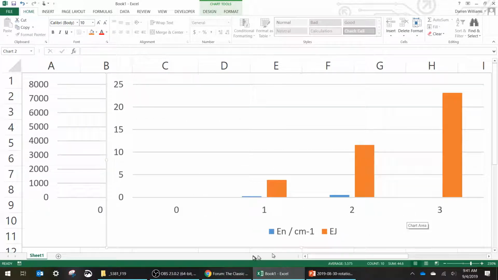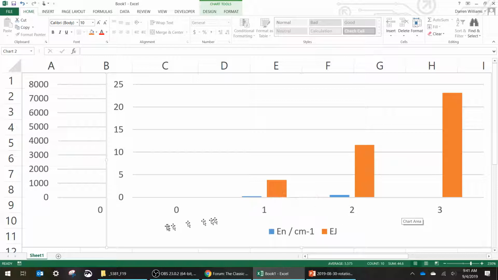Okay, now we have translation and rotation on the same graph. And we can see that they're similar. I mean, we can see them on the same graph, but again, pretty different. So there's very little interaction between rotation and translation. But at least here, you can see them. You can see the translational energy levels for carbon monoxide.